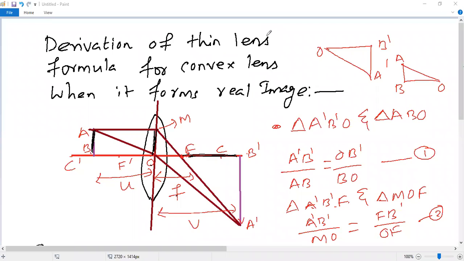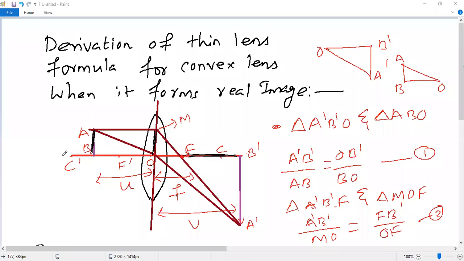Don't play anything, man. Listen here. Derivation of thin lens formula for a convex lens when it forms a real image. Convex lens, the different positions. Object at infinity, image at focus.